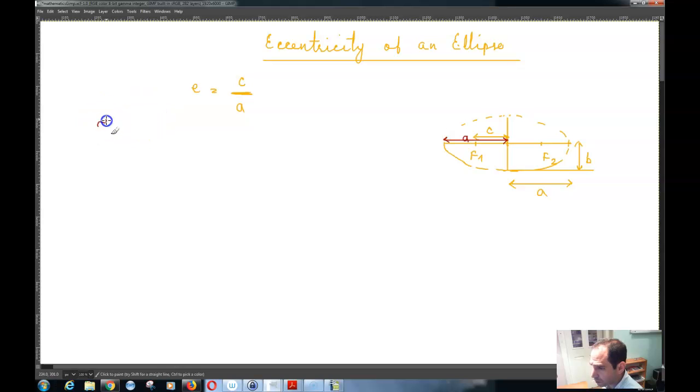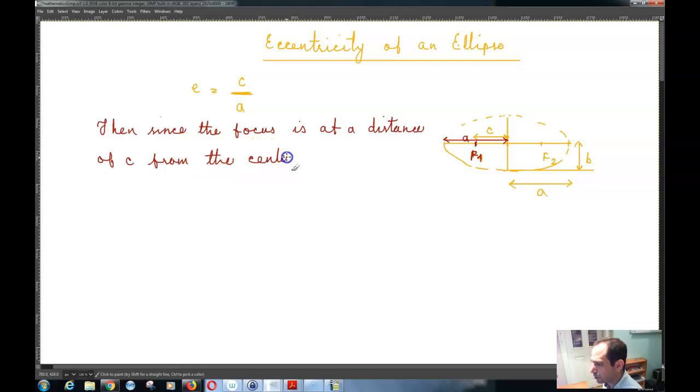So basically, I can say that since the focus, which is this point over here, f1 for example, is at a distance of C from the center, then in terms of eccentricity, based on this equation, I can say that C is equal to AE.